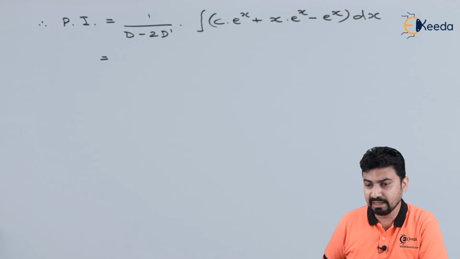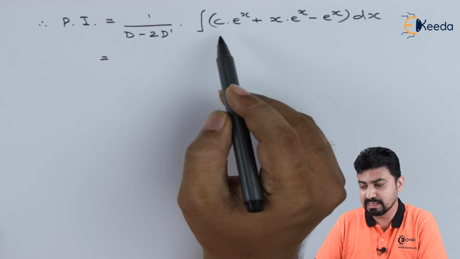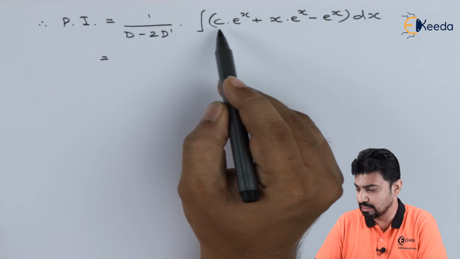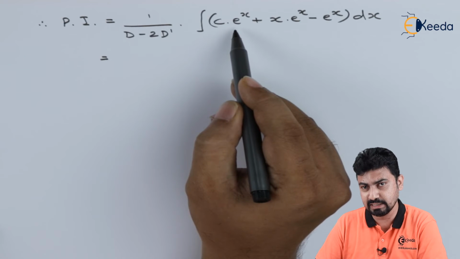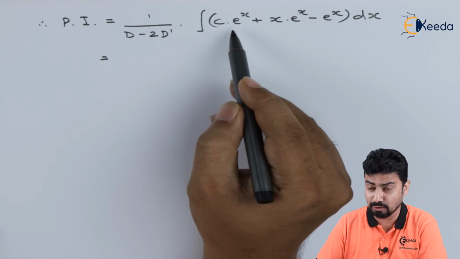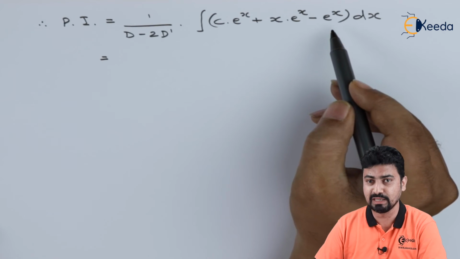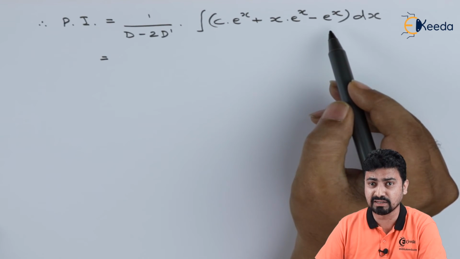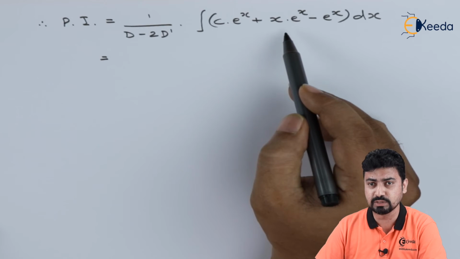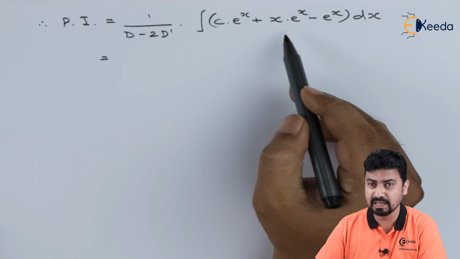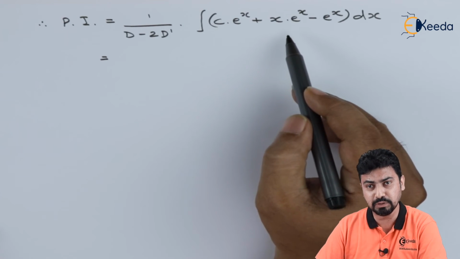So, while integrating it, the first part will give the answer c into e raised to x. c is constant, e raised to x integral is e raised to x. The last part also, that is minus e raised to x, will also give us the integration as e raised to x. However, the second term, x into e raised to x, we will be integrating by parts and we will get x minus 1 into e raised to x.